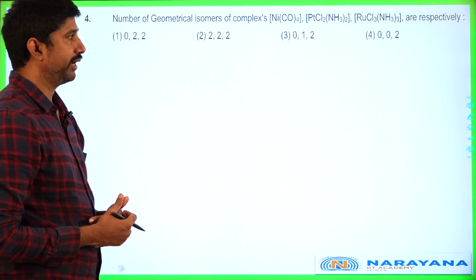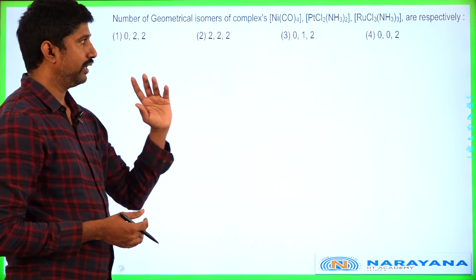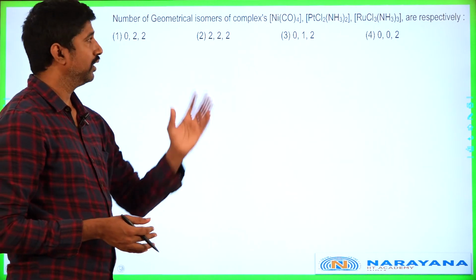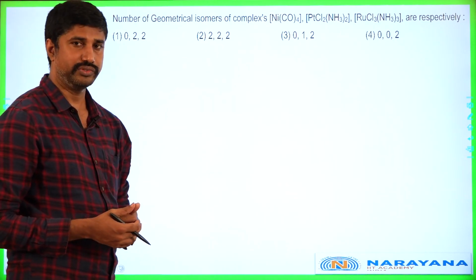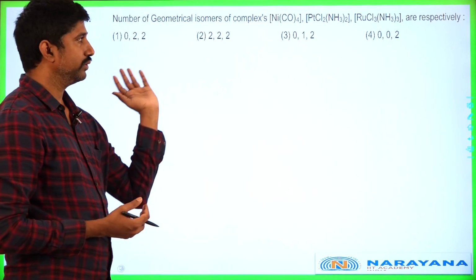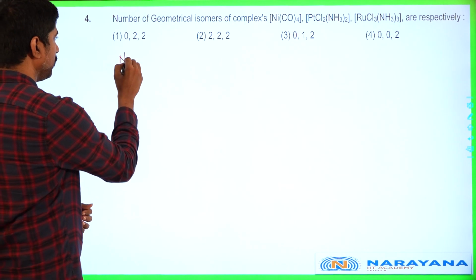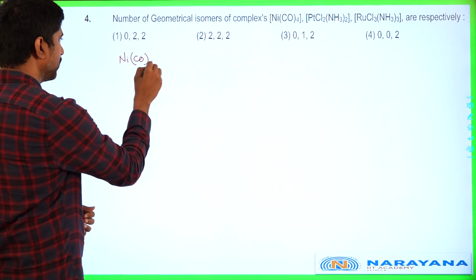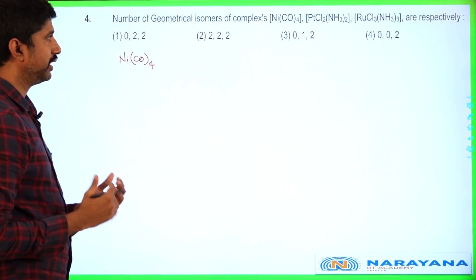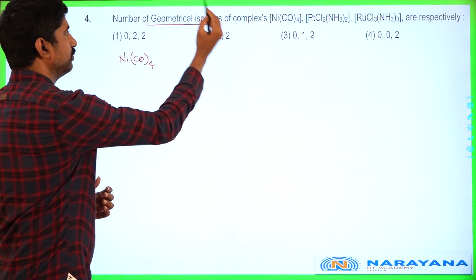So, triamine ruthenium 3 chloride and diamine platinum 2 chloride and tetracarbonyl nickel 0, right. So, these are the compounds given, and as we know, Ni(CO)4 nickel tetracarbonyl, and they are asking about geometrical isomers.